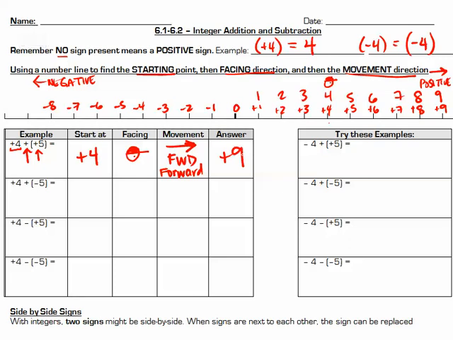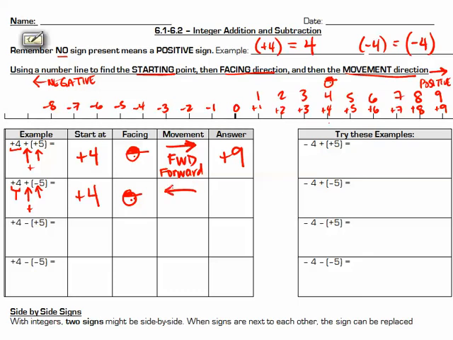Let's do a couple more examples. So this one is start at positive 4. This is now an addition. Again, an addition means I am facing towards the right. Now this sign means negative 5. This means 5 steps ago, which means in the past, or step backwards.